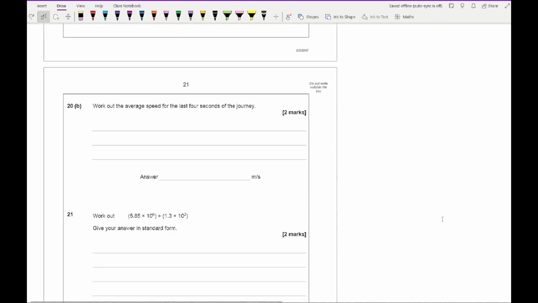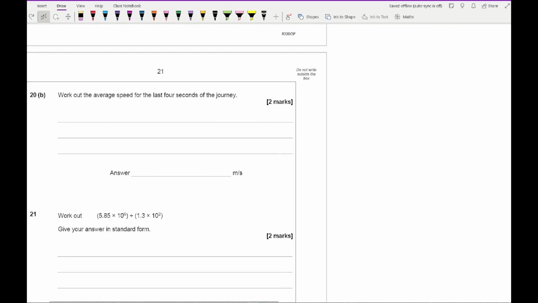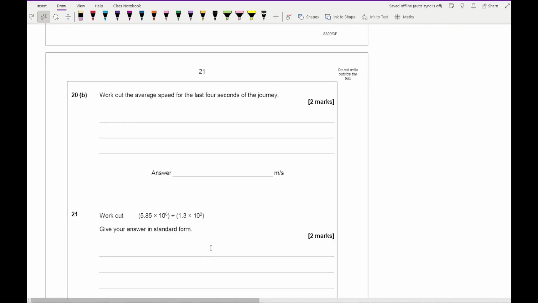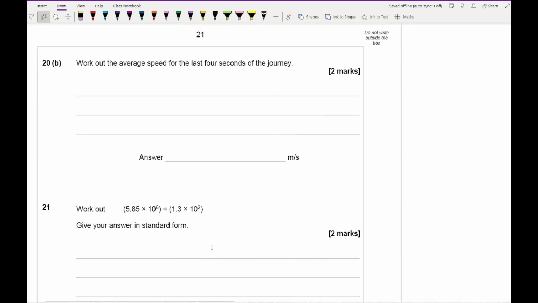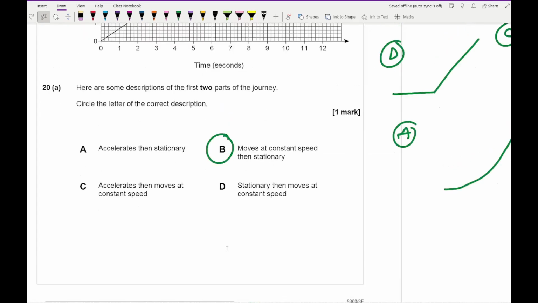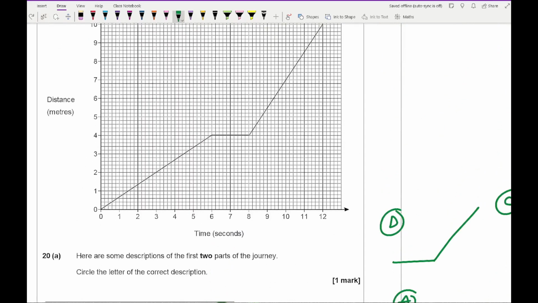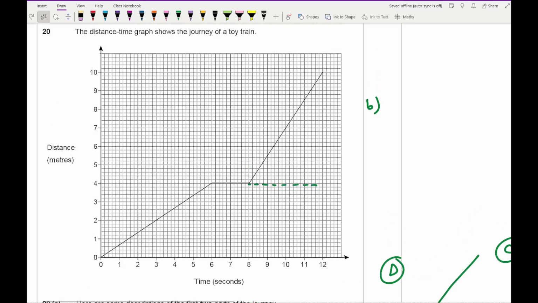Moving on to question 20b, it says work out the average speed for the last 4 seconds of the journey. Well, if I look at the last 4 seconds, that's from 8 to 12. If I just write down B here, so you can see it on the graph.